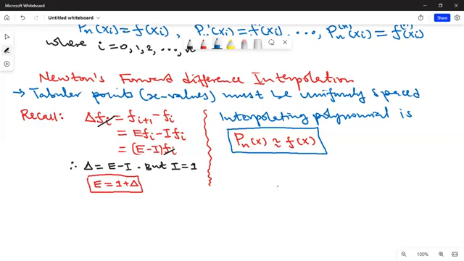Now I want us to transform the x values to a new variable, which we are going to call s.